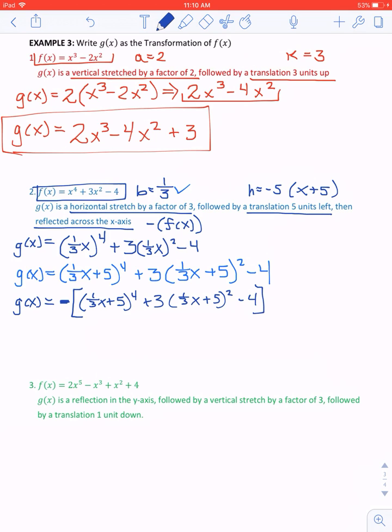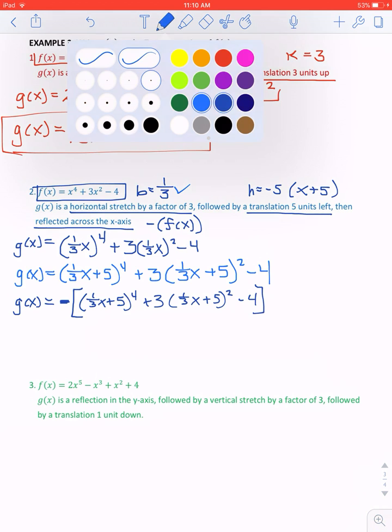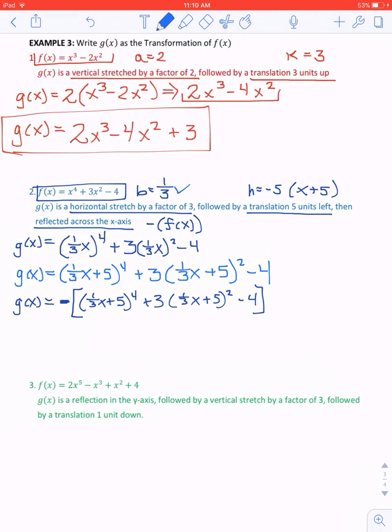That's why it says then: after everything has happened, then this happens. We can distribute that. It only distributes in one time. It cannot distribute all the way into the parentheses. So your final answer should look like this.